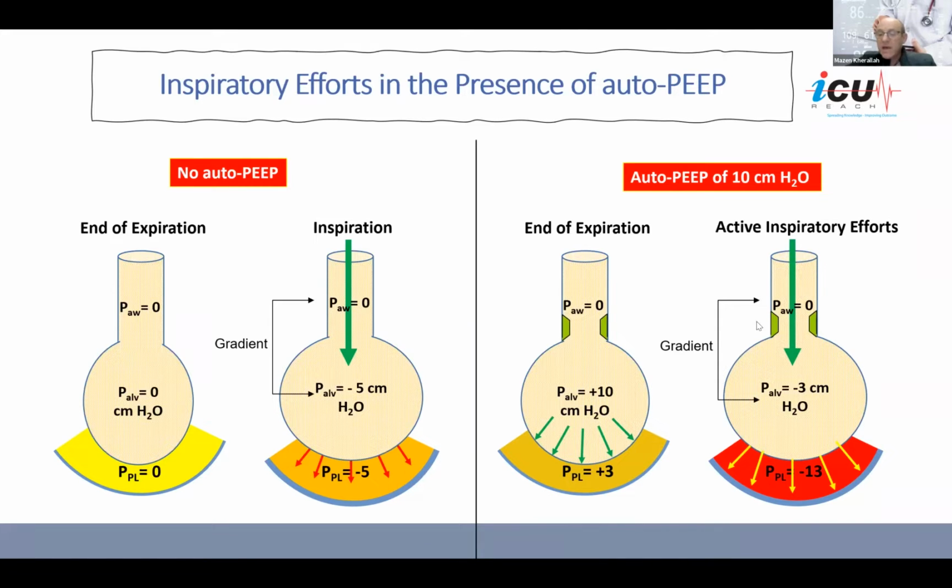So everything happens after we drop the pressure below the auto-PEEP. So that's why I say it doesn't make any difference. While you're setting it to be triggered by the pressure, you need to drop that pressure. If you're setting it for the flow, you need to generate that flow. And as I said, whether you have auto-PEEP or not, responding to the flow is much faster than responding to the pressure drop.